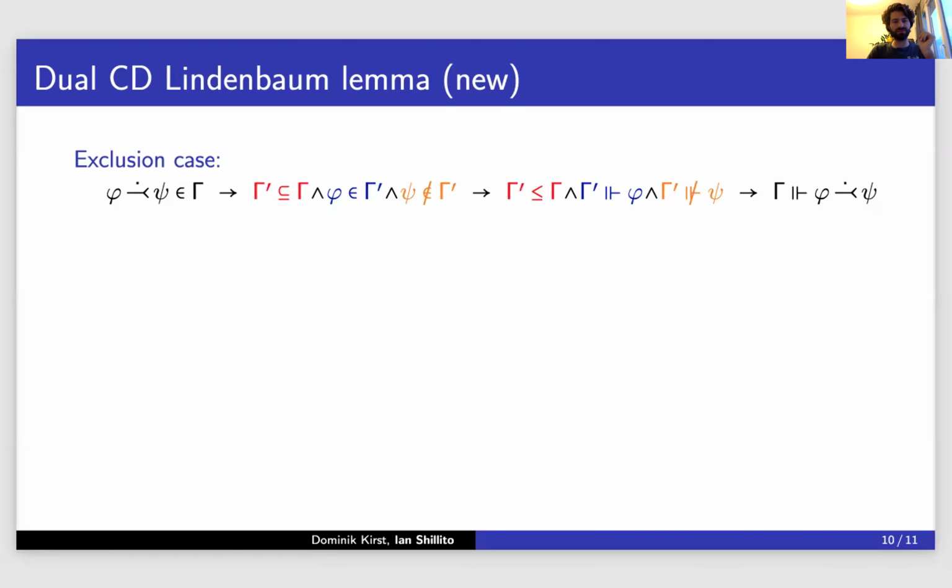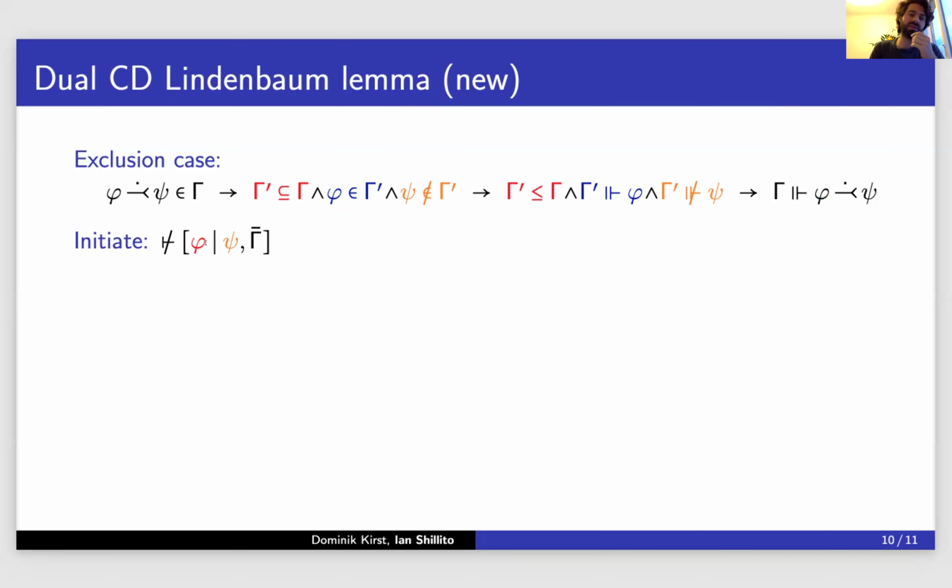But this is where you need to flip your brain upside down, and where you need to realize that actually the restriction of a set is somehow an expansion of the complement of the set. So you can play this set theoretical game, and instead of having gamma on the left, we'll use the complement of gamma on the right-hand side in our initial state.